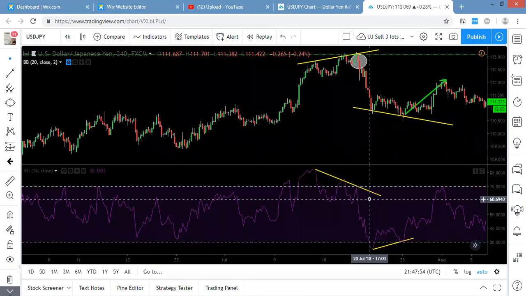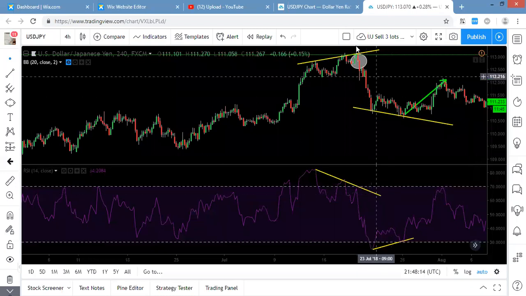But again, what I just showed you is a very key part. Divergence and the RSI are considered 2 confirmations that we will use in our strategy. However, you want to make sure that price action and market structure are lining up with your trade, okay?